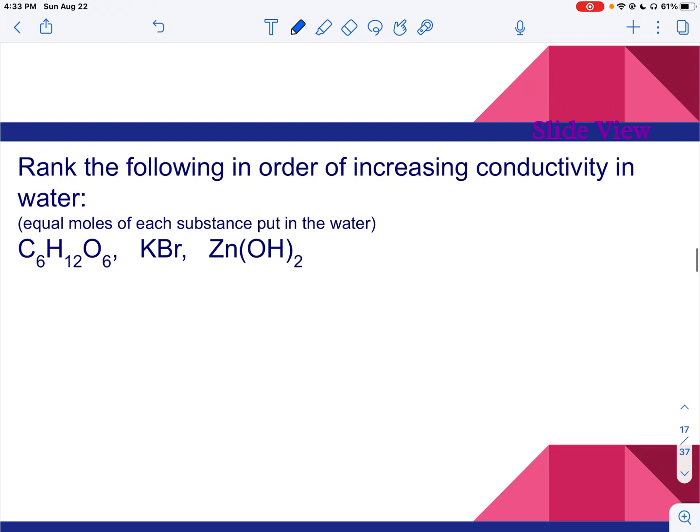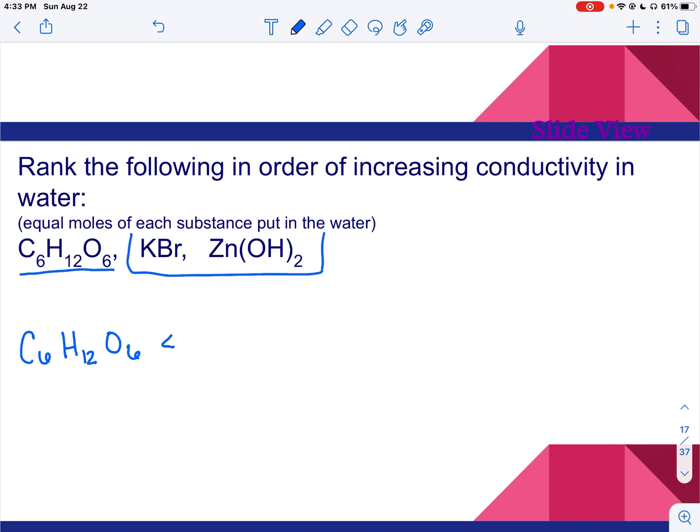And lastly, we're going to rank the following in increasing conductivity in water. So strongest electrolyte will be at the end, weakest electrolyte will be at the beginning. So this is going to be our weakest because it's a molecular compound. It's not an ionic compound. Okay? So that will be our weakest.